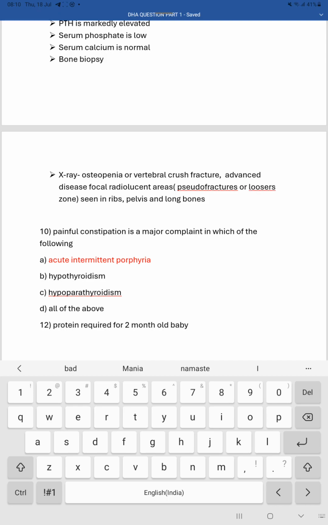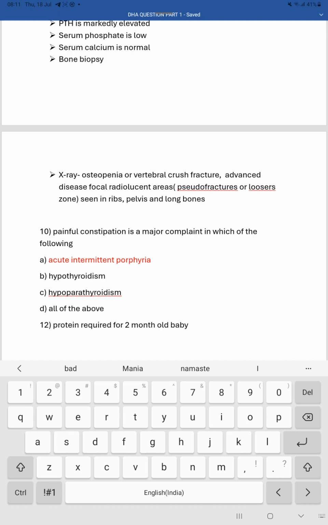In acute intermittent porphyria, because of this porphyrin deposition, the heme will not be produced properly. Heme is a part of hemoglobin, which is essential for the RBC. Because of that, porphyrin is getting accumulated, resulting in an enzyme deficiency called porphobilinogen deaminase.